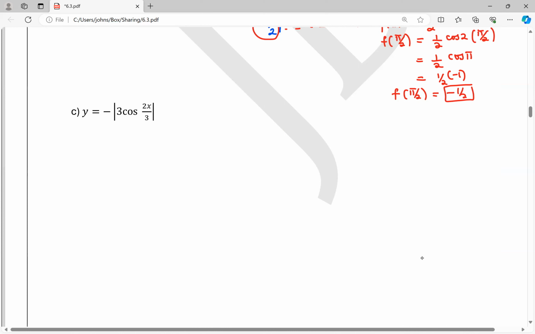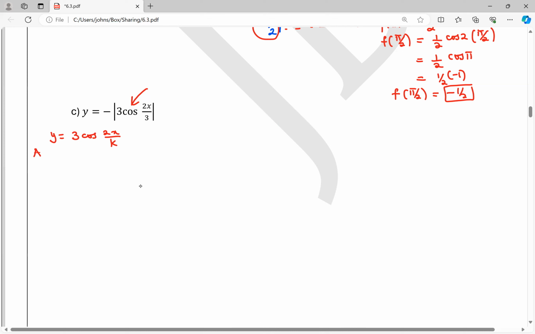Forward. Now, for the C, it is going to be a similar situation. We just need to focus on what is inside here. So we're going to focus on the graph of 3 cosine 2x over 3. So we'll first of all graph this one.